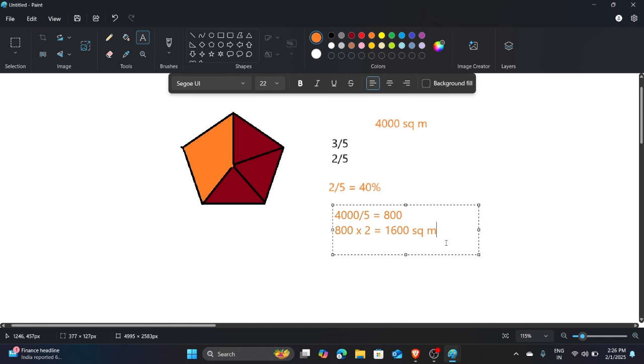One more thing they can say: if you have both proportions, suppose you and your brother have some land, and they can give you the ratio of your land as 2:3. It means you have 2 units of the total land, and your brother has 3 units. This question comes in this way also.